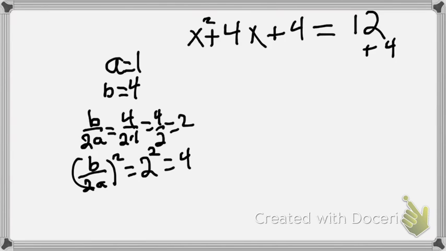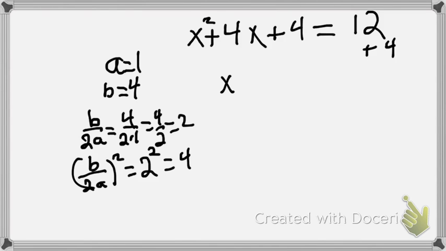Now you should look at this and go, oh, we just completed the square. So before we had x squared plus 4x, but we use this process to find the exact number which, when we add it in, will complete the square, which we will then be able to factor into a perfect square.